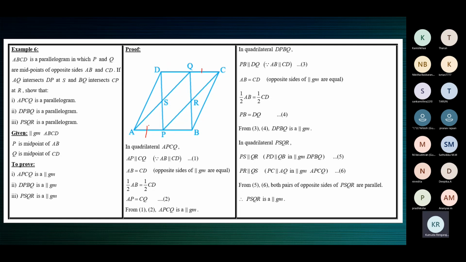Now AP is already parallel to CQ because AB is parallel to CD. And where is AP? It's a part of AB. And CQ is a part of CD. So when two lines or line segments are parallel, AB is parallel to CD, any part of AB will be parallel to any part of CD.